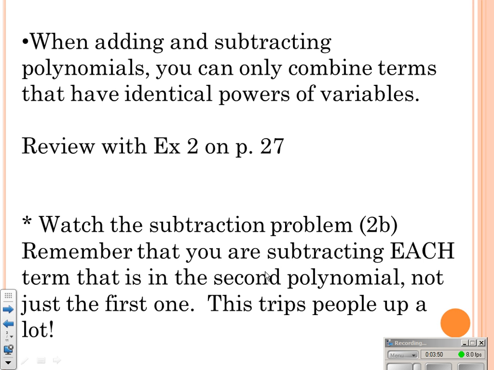That's another strategy you can do. If you wanted to start that problem by adding a negative 3x to the fourth, positive 4x squared, minus 3x, that might not be a bad idea. So just be careful on the subtraction ones. They're not difficult, they're just a little bit trickier, and sometimes people make a mistake because they don't subtract each term.